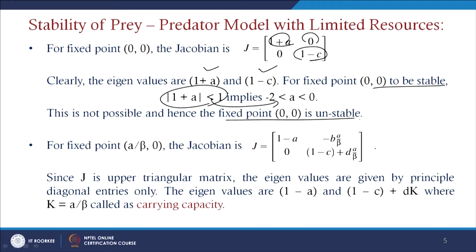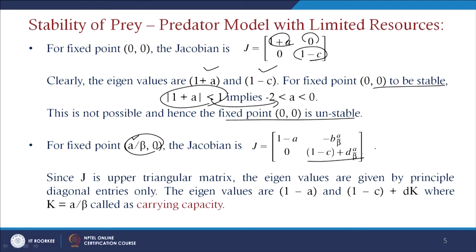For the fixed point (a by beta, 0), if you analyze here, put x as a by beta and y as 0, then the reduced Jacobian will take the form 1 minus a, minus b into a by beta; 0 and 1 minus c plus d into a by beta here.